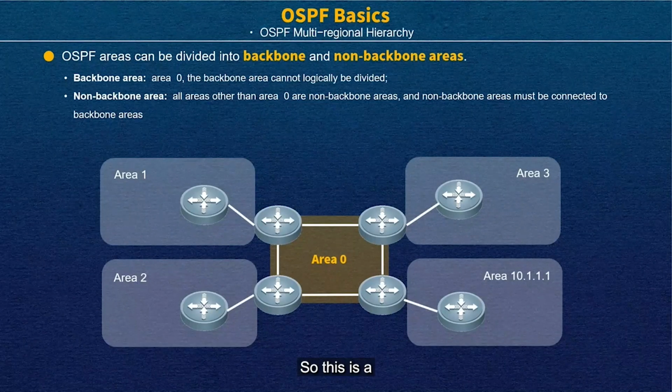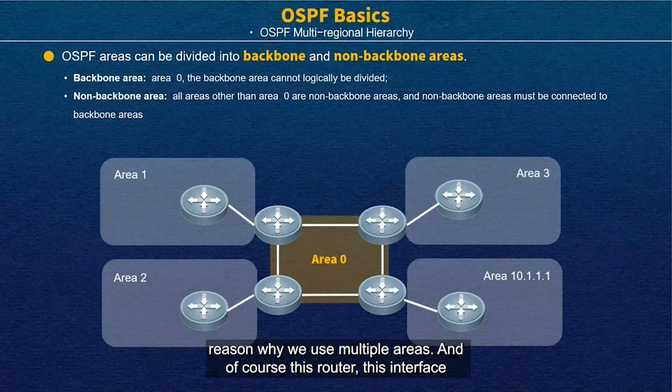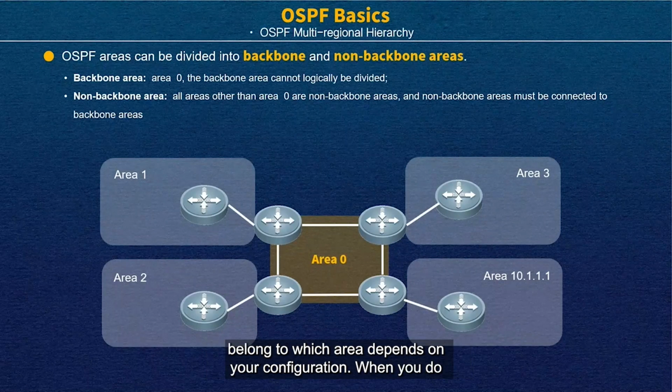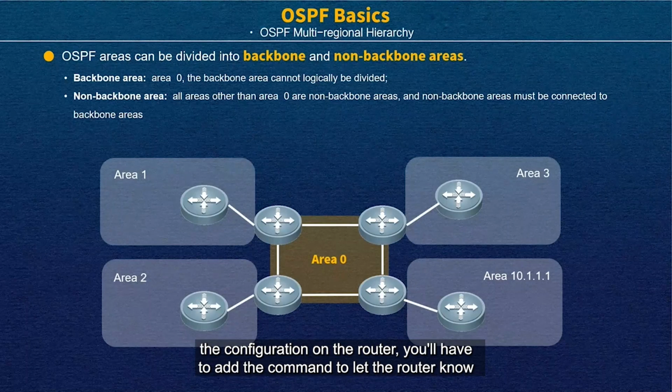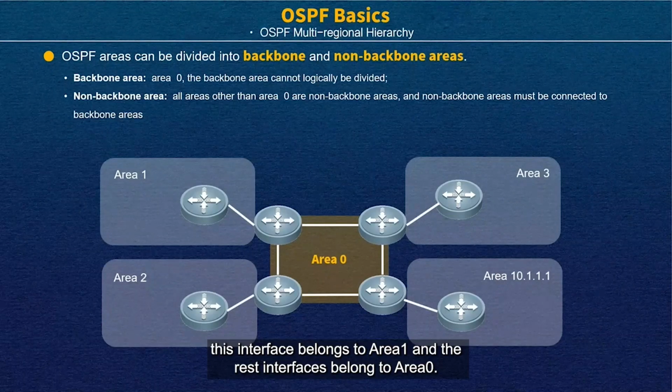So this is the reason why we use multiple areas. And of course, which area this router interface belongs to depends on your configuration. When you configure the router, you have to add the command to let the router know this interface belongs to area 1 and the rest of the interfaces belong to area 0.